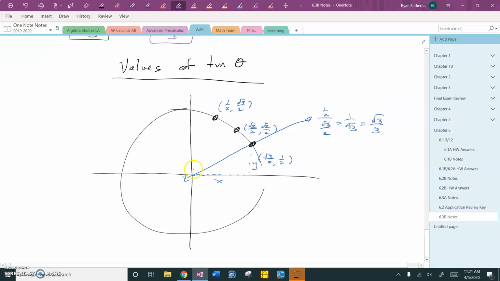If I were to do this line, well, that line has a slope of 1, right? Root 2 over 2 over root 2 over 2. And if I were to do this third line, well, that would be root 3 over 2 over 1/2 multiplied by 2 over 2, I get root 3.